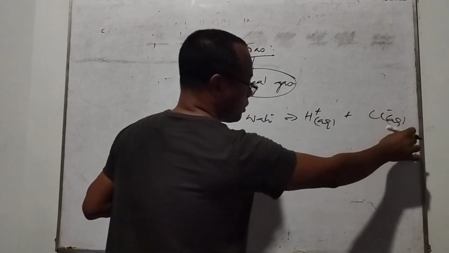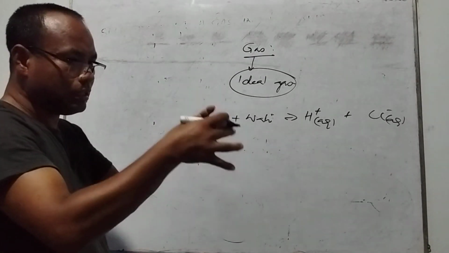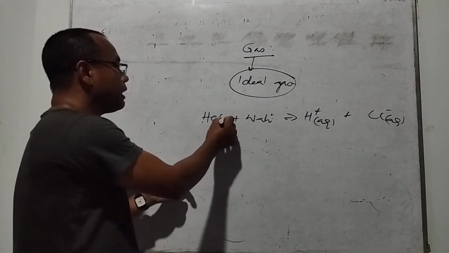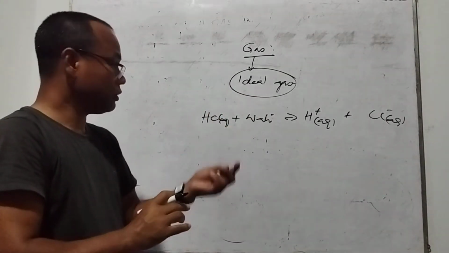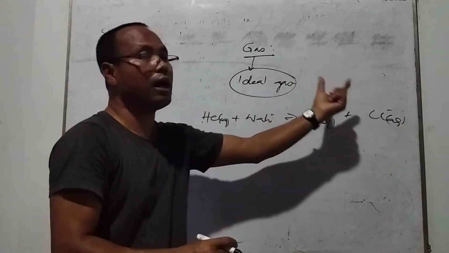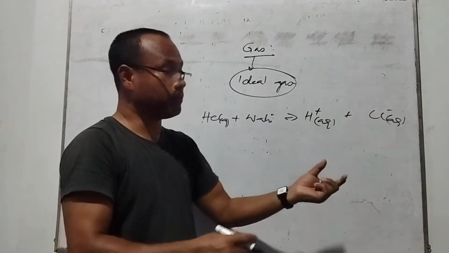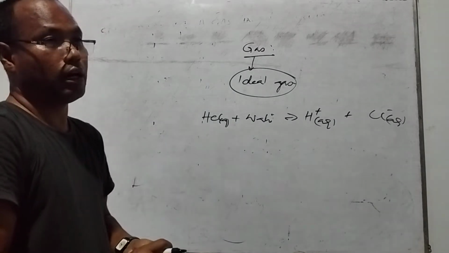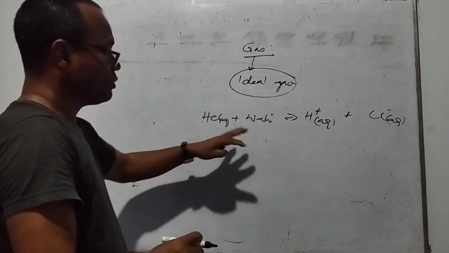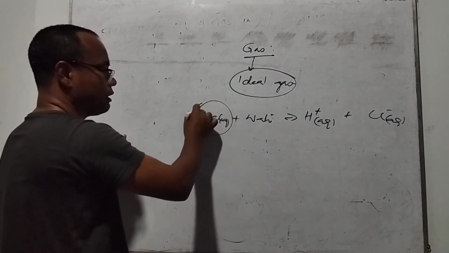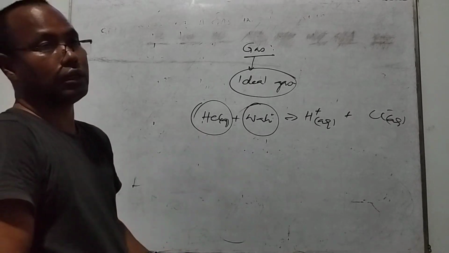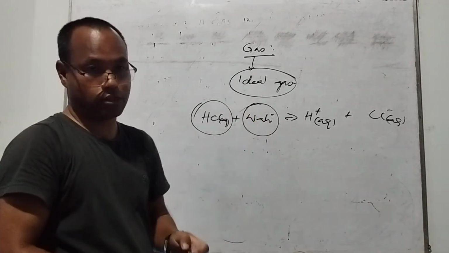In our water, HCl does not remain as HCl; it is present in ionic form. Therefore, when HCl is dissolved into water, we cannot explain it by Henry's law.